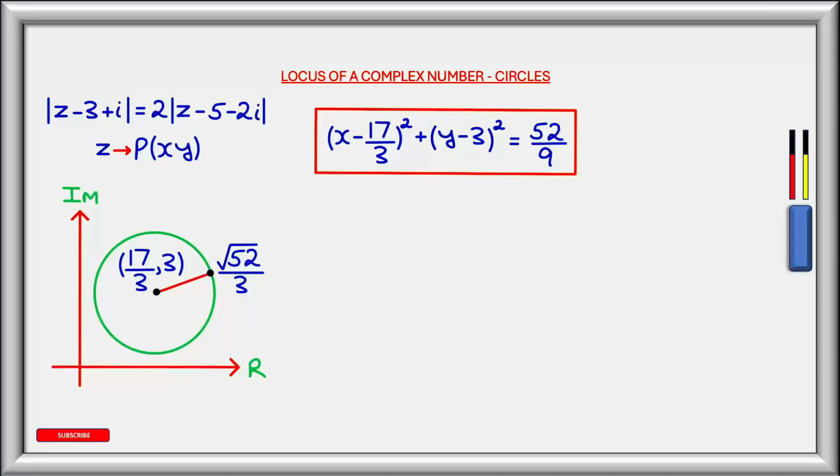And we should be able to identify this as the equation of a circle with center x equals 17 divided by 3 and y equals 3 and a radius of the square root of 52 divided by 3.